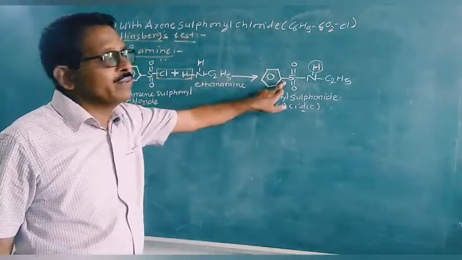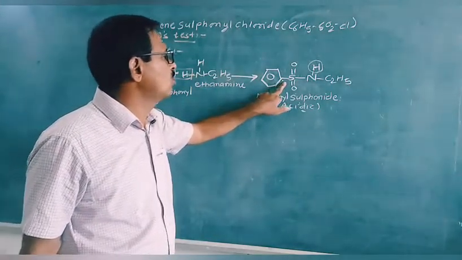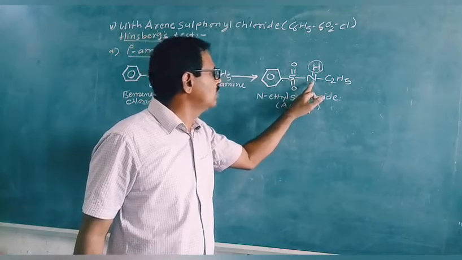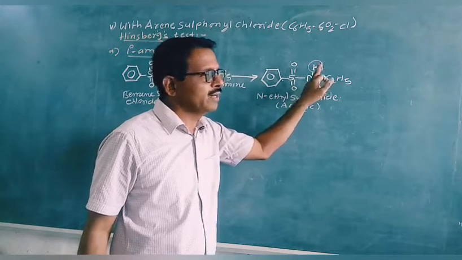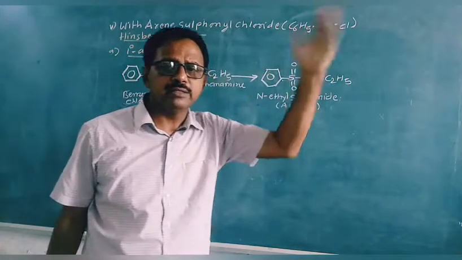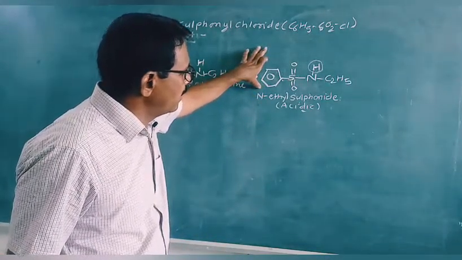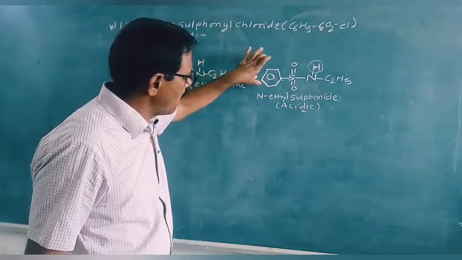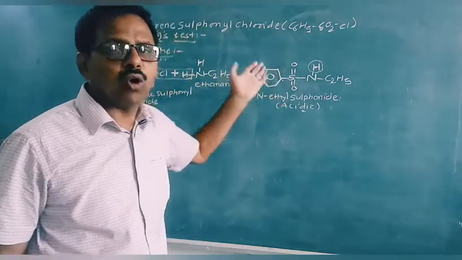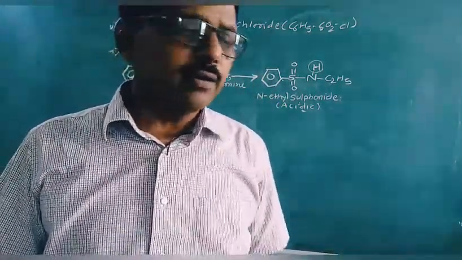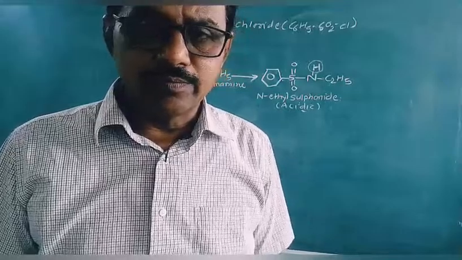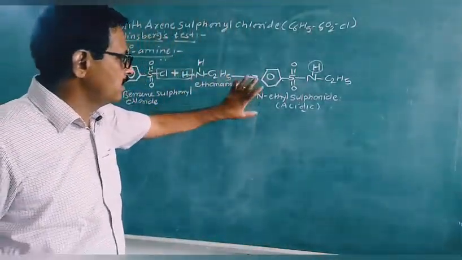The SO2 group is an electron withdrawing group, and this nitrogen atom contains one hydrogen atom, and therefore this hydrogen atom is acidic in nature. Therefore this N-ethyl sulfonamide dissolves in alkali like KOH.